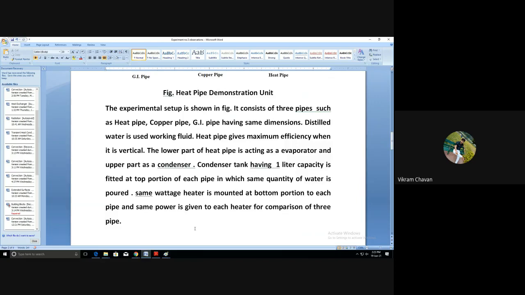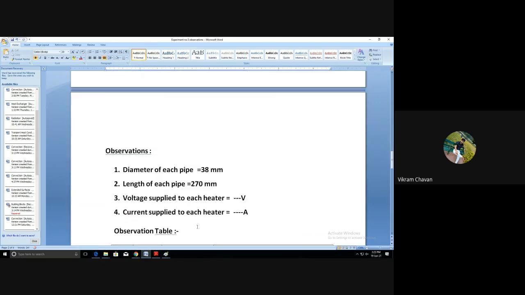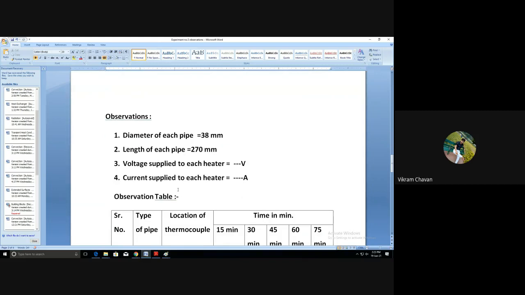So the comparison is such that we have provided equal conditions for all three pipes, and then we are measuring the temperature of each pipe at the bottom section, at the top section, and the temperature of the condenser liquid, or the water jacket provided at the top of each pipe. Those three temperatures we are going to measure.